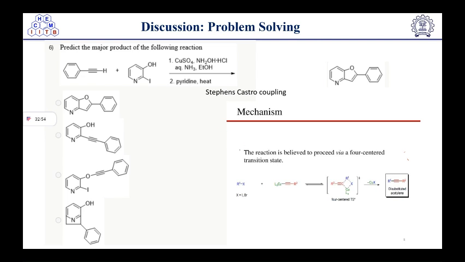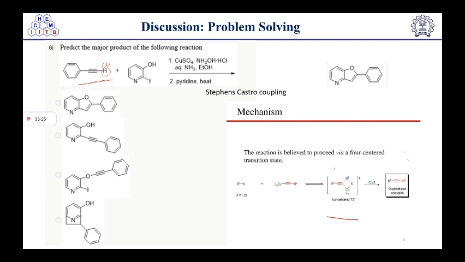The reaction is believed to proceed via a four-centered transition state. I already told you. First of all, copper will bind over here at this place, so we'll get this as an intermediate. Proton abstraction will take place first, then copper will bind here, and we'll get this intermediate. After that, it will follow the same mechanism pathway which we discussed earlier.